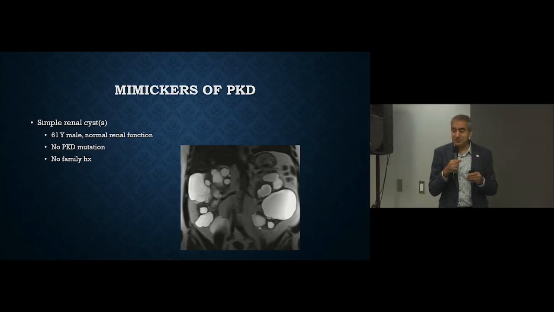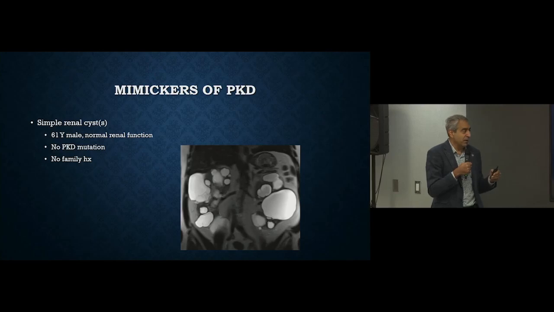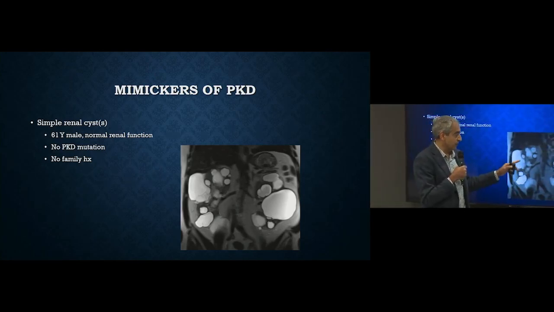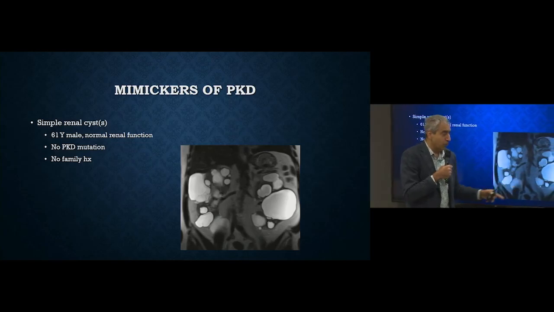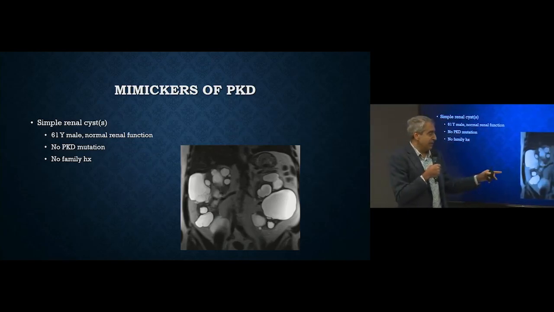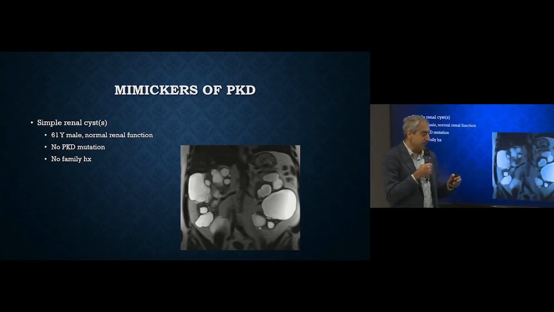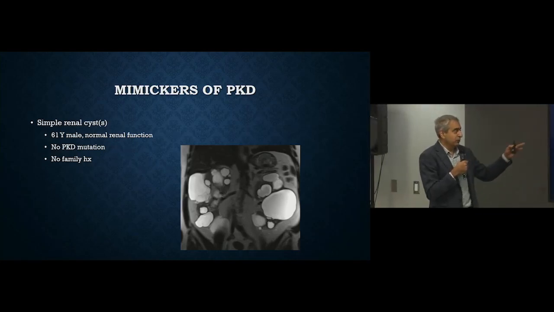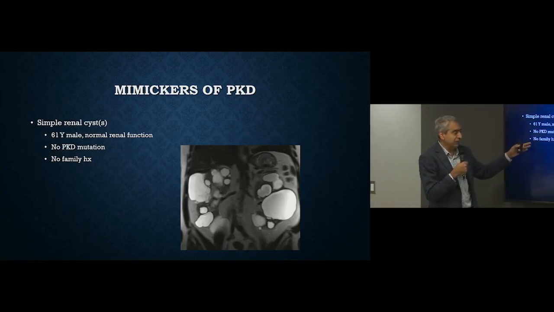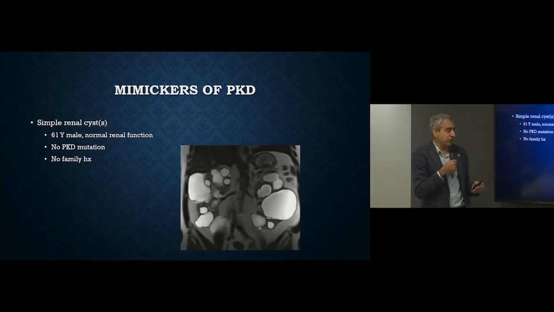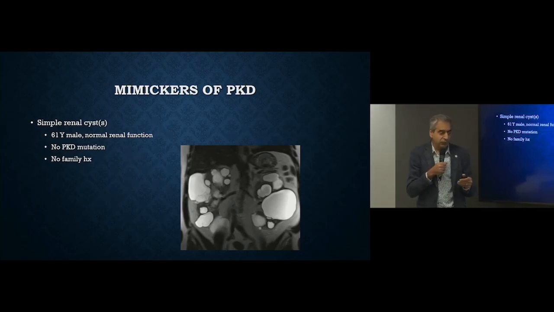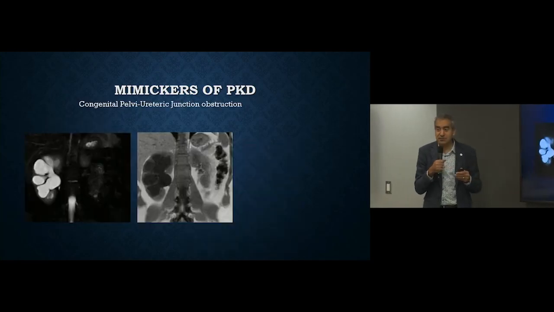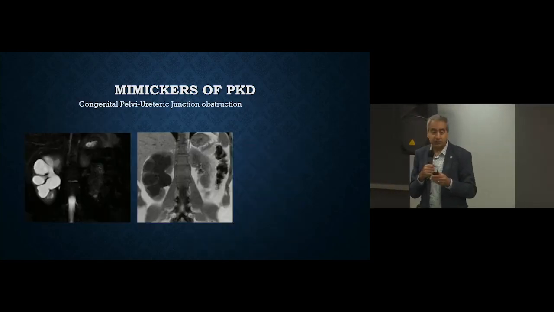We'll see the same inside the body, and sometimes there is proliferation of cysts more than usual. This can also mimic patients with polycystic kidney disease: normal renal function, no family history of cystic disease, no mutation, but just multiple prominent cysts. Why does that occur? I don't know. It's very interesting, I think.